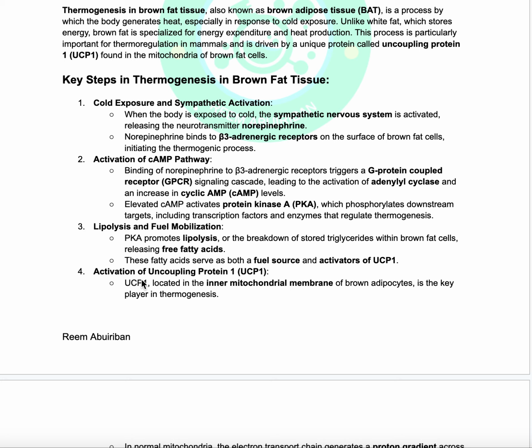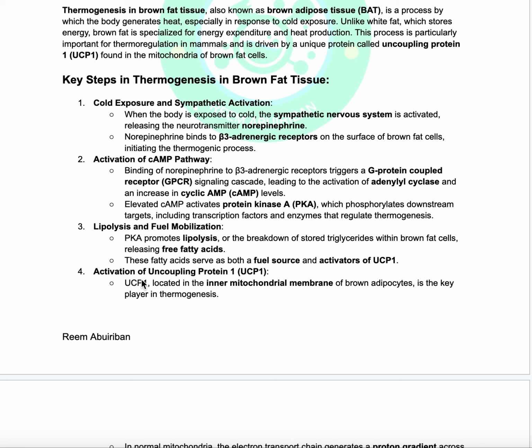Then what happens? Activation of cAMP. Binding of norepinephrine to the beta 3 adrenergic receptors on the surface of the brown fat cells triggers the G protein coupled receptor signaling cascade, and that leads to the activation of adenylyl cyclase, which increases cAMP, known as a second messenger.